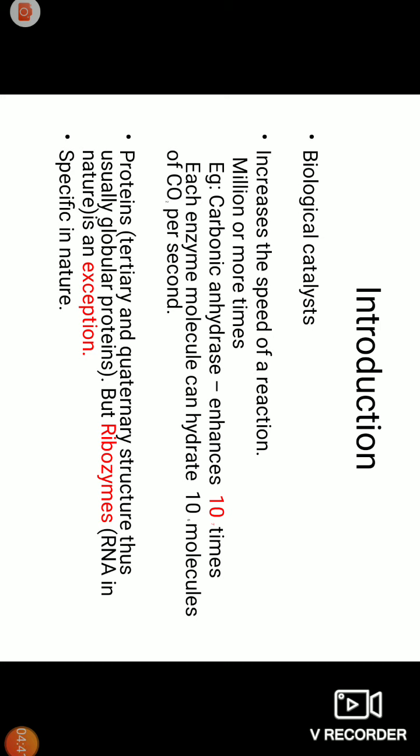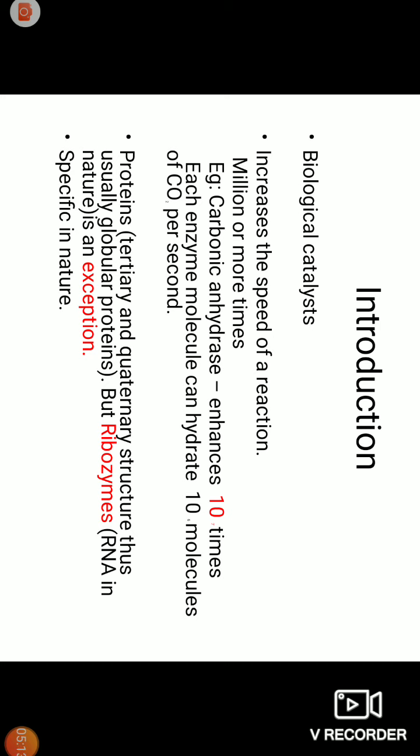So the degree of enhancement of the speed of a reaction by enzymes, as in the case of inorganic catalysts, is variable. Some enzymes will convert a huge number of molecules in microseconds. That is, they enhance the speed of the reaction a million times or more.